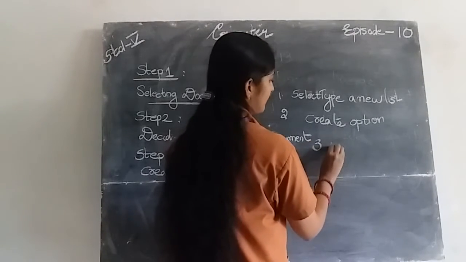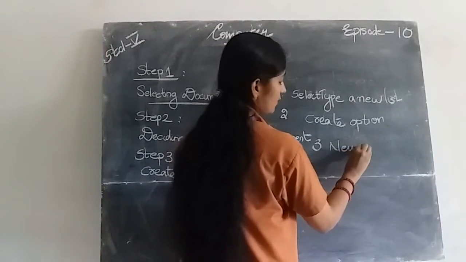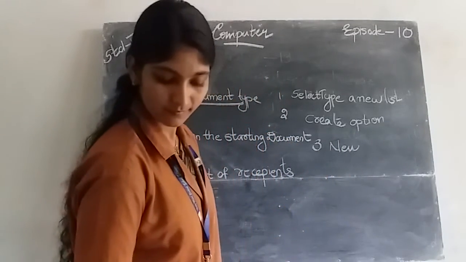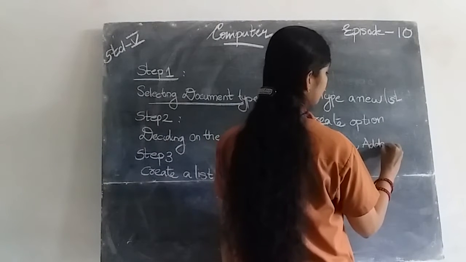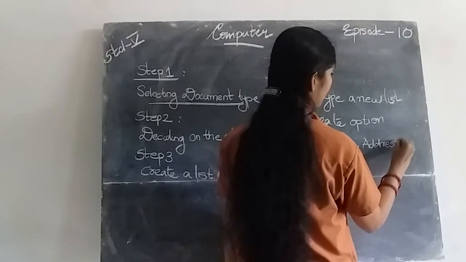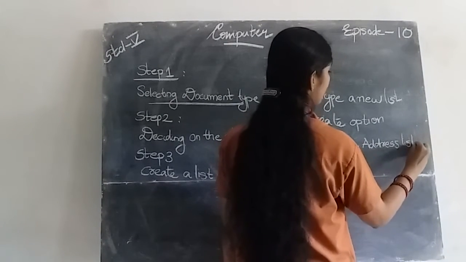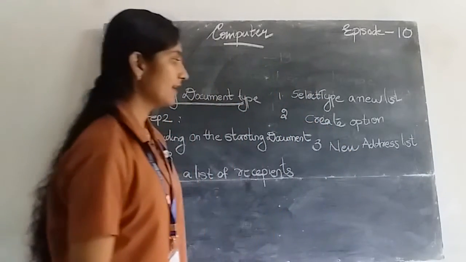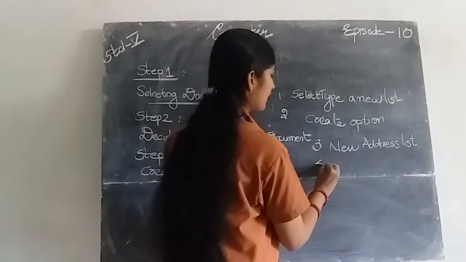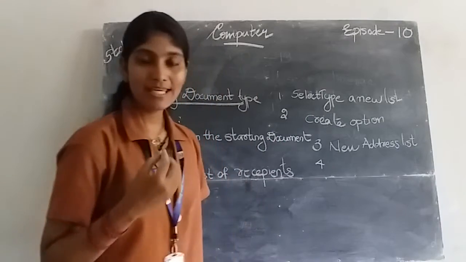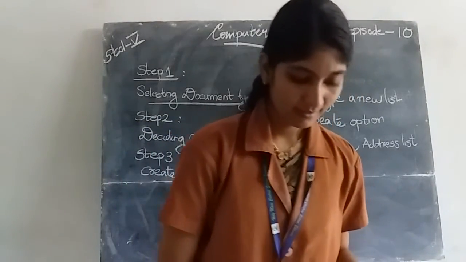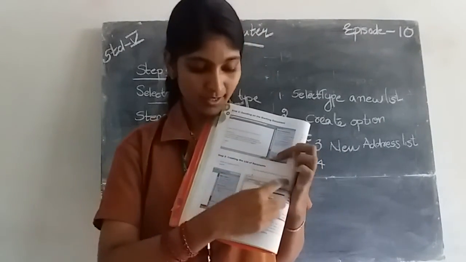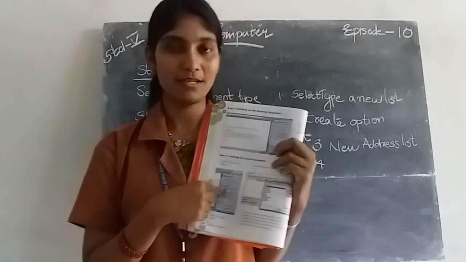New address list. Then the fourth step, if you want to add any other field: the new address list means here a dialog box or a blank document appears.